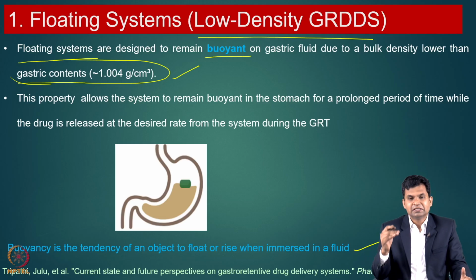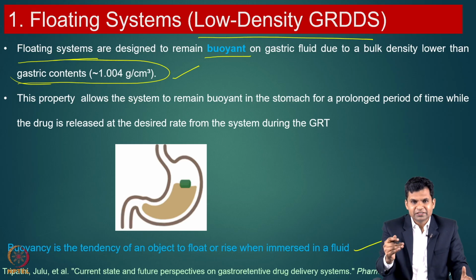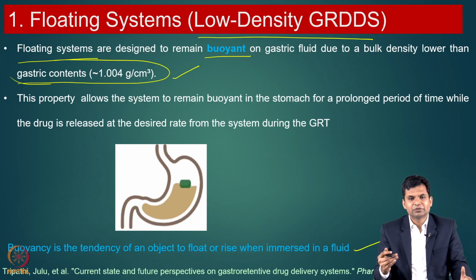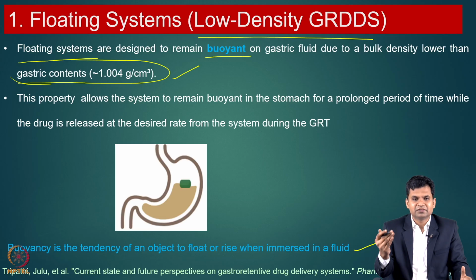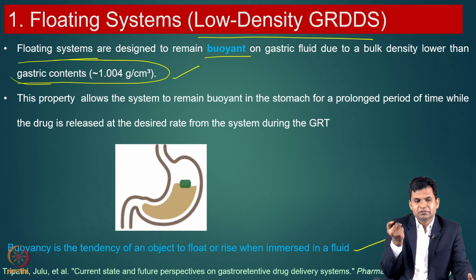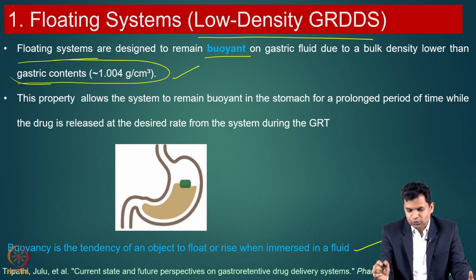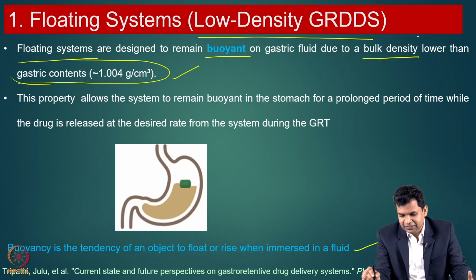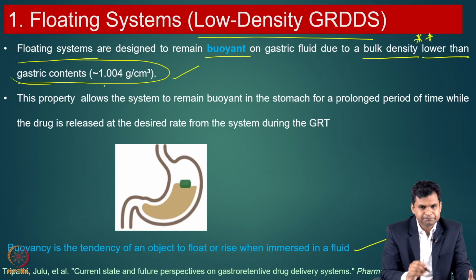But with this buoyancy mechanism we can avoid gastric emptying, or increase the retention time in the GIT. By using it, we can float our formulation, and the final formulation needs to have a bulk density lower than the GIT fluid.